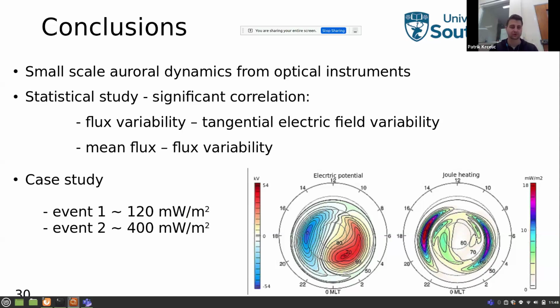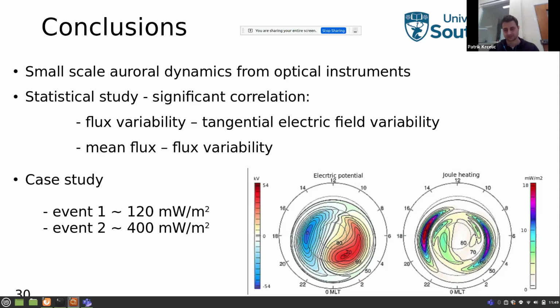And finally, this is important because we've done a case study in which we have shown that we have extreme heating during these events. And here I have included a picture from an earlier LINAR model, just so we can see the values that they're getting from their model, which is the highest value of 18 milliwatts per meter squared, and around Svalbard it's even less.